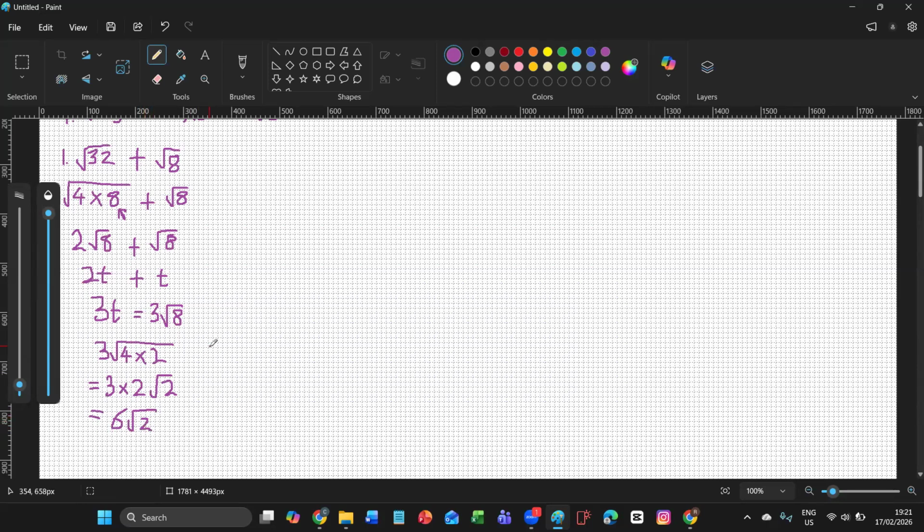Another way we could have done it, right? So let me see if I can do this. I will put a big "or" on top. Let me draw a line here. So, or, root 32. 32 can also be seen as 16 times 2.